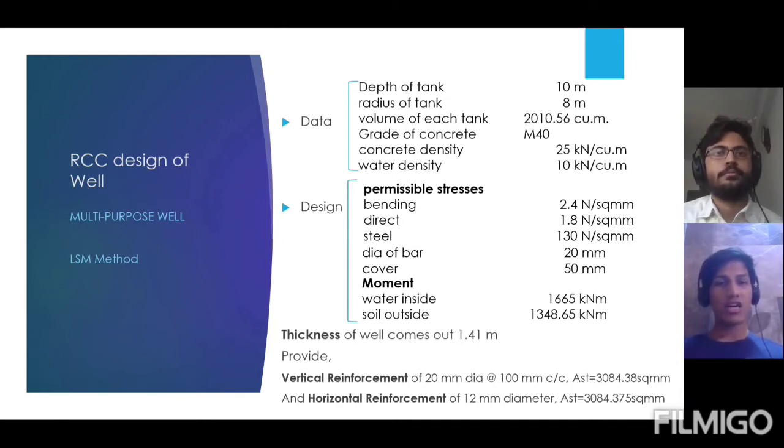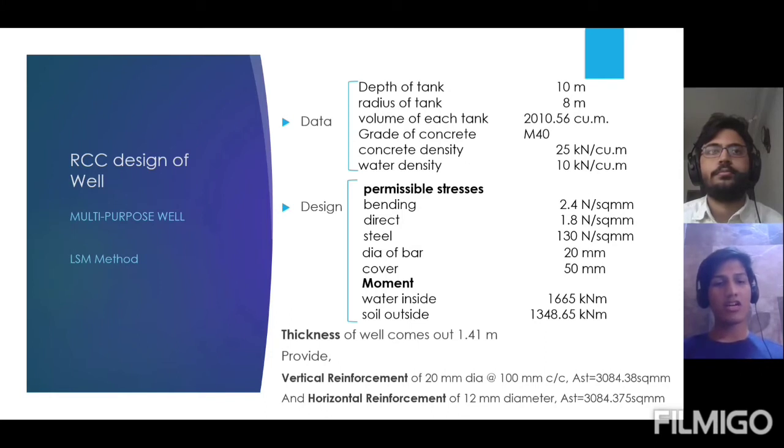By using this data, we will get the moment of water inside as 1665 kilonewton meter, and soil outside as 1348.65 kilonewton meter. As per the moment, we will get the thickness of the well as 1.41 meter.